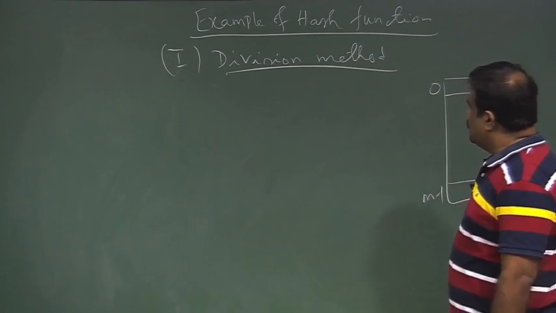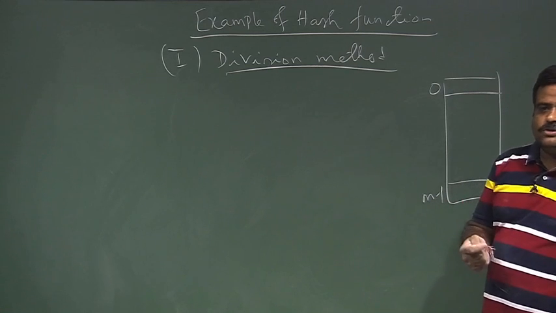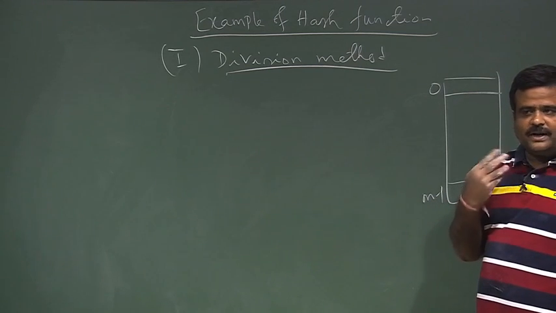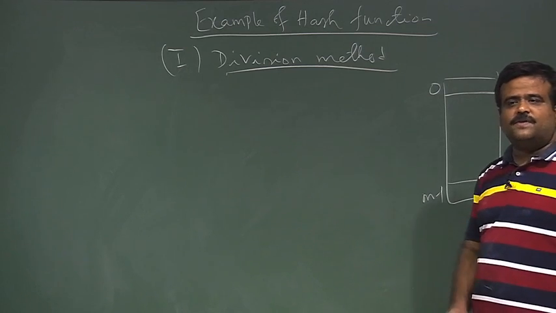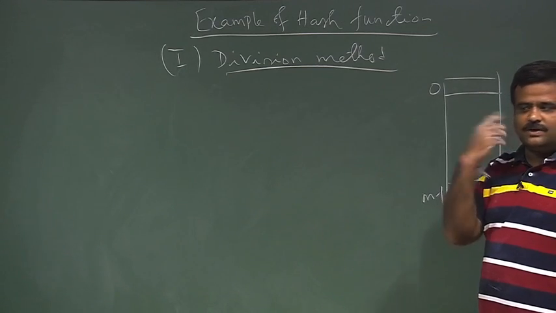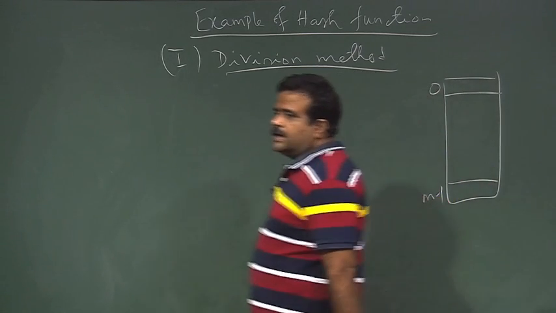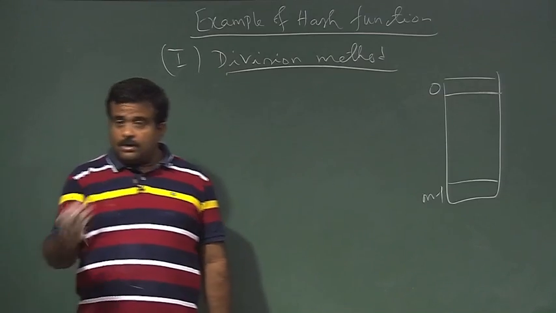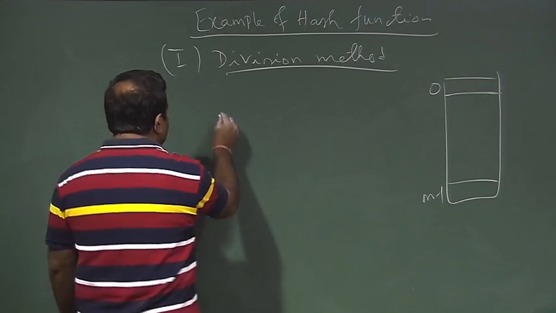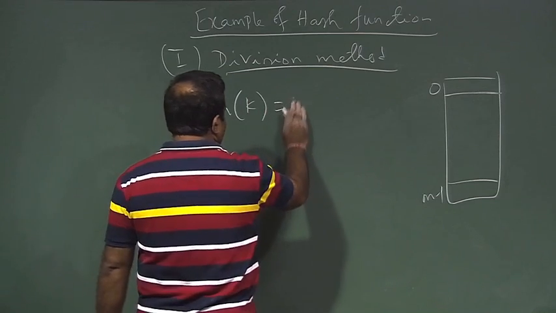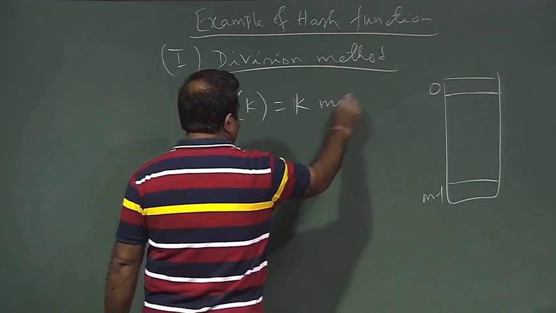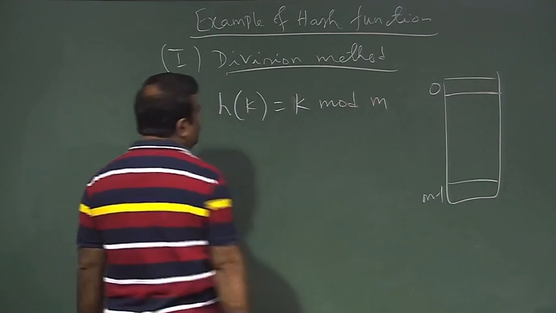So we take an integer, and after applying the hash function, it should be one of these slots. What is the obvious function we can think of for that? The modulus function. Yes. So h of k is basically k mod m, where k is an integer and m is also an integer.